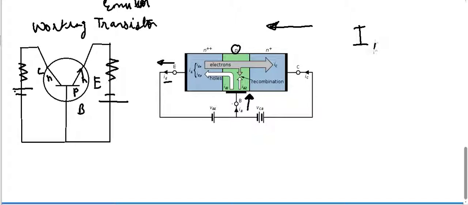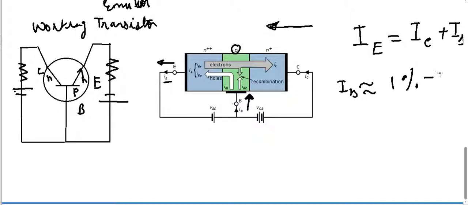So I will have IE is equal to IC plus IB. Typically, as a general rule, this IB will be very small as compared to IE and IC. So IB will be generally about 1% to 5% of IE.